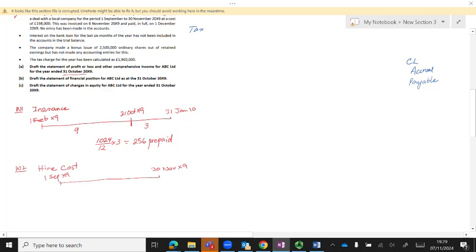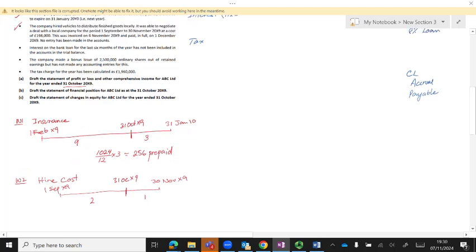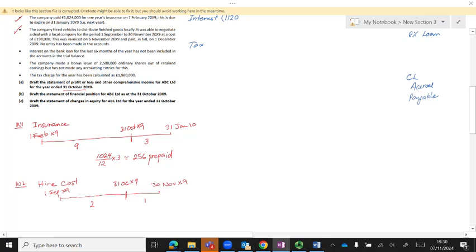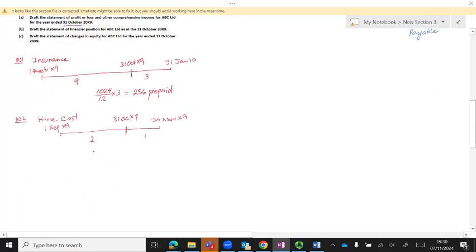September and October fall before 31st of October X9: 2 months, 1 month. The total amount negotiated and paid in full is 198. So 198 divided by 3 multiplied by 1.